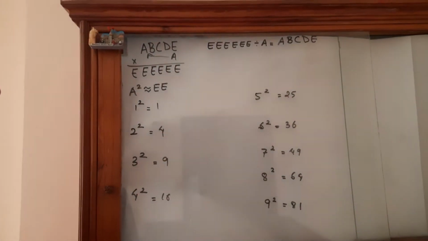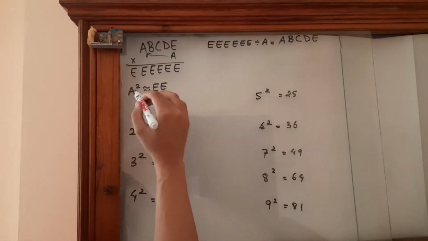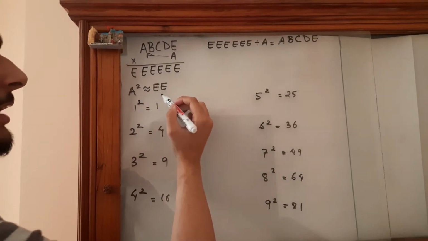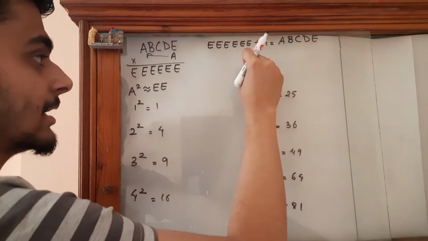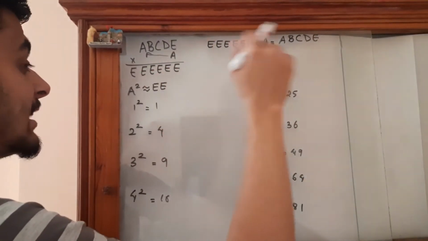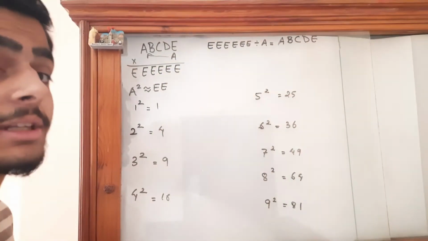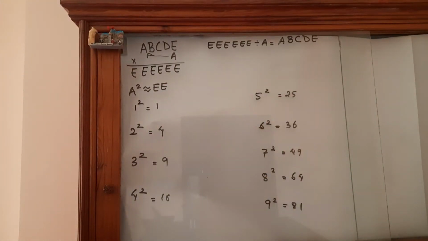I hope by now you have understood that A square is somewhat equal to EE, and EE can be equal to A square or greater than A square, not less, as carryovers are always added.